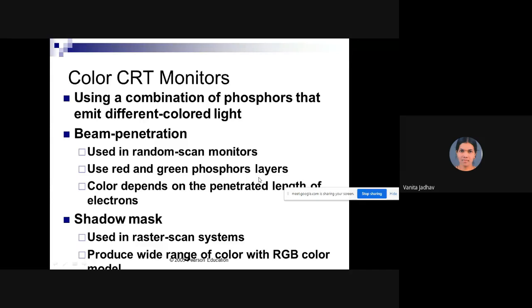So a color CRT monitor uses different colors, using a combination of phosphors that emit different colored lights. So whatever screen we are taking with respect to CRT, that screen is coated with the help of different colored phosphors.